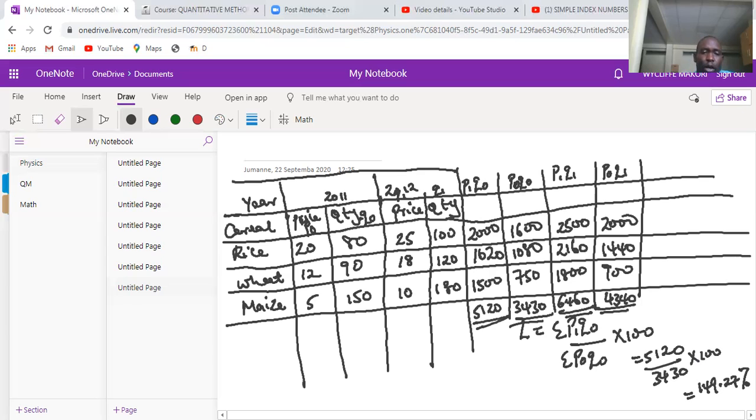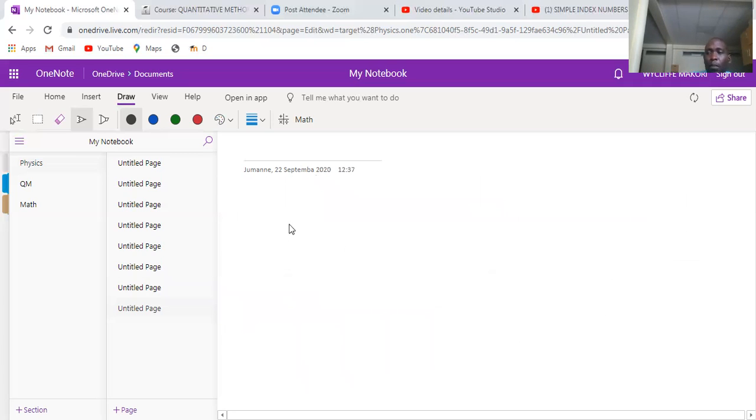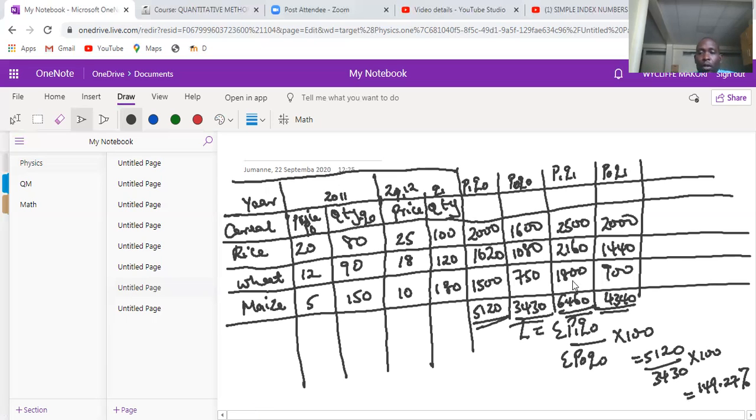Then we can go to the next method for calculating the weighted index, which is the Paasche, normally denoted by P, which is given by the summation of P1 Q1 over the summation of P0 Q1, then we multiply by 100%. If you refer to our values that we have here, the summation of P1 Q1, which is 6460, divided by the summation of P0 Q1, which is here, the summation is 4340.